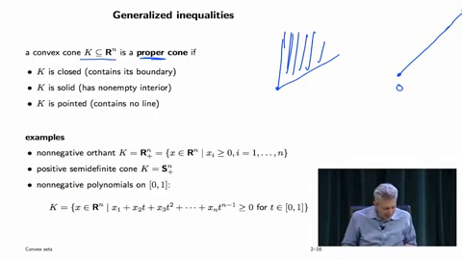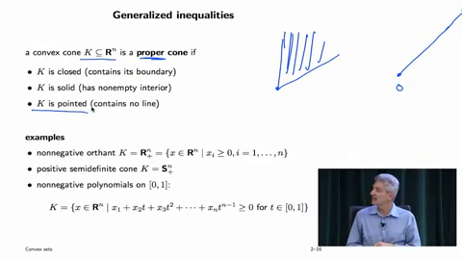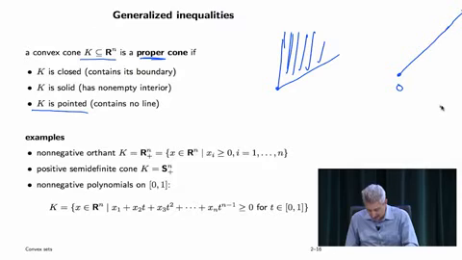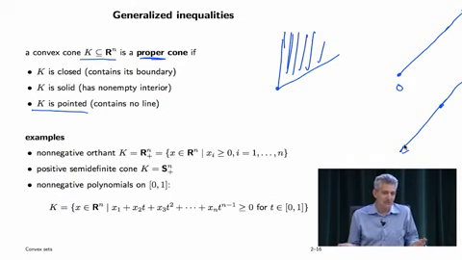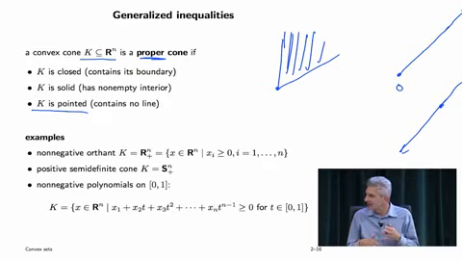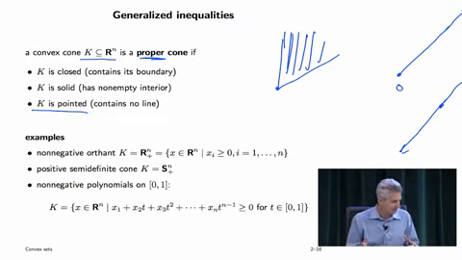Okay, and it's pointed. Pointed says it doesn't contain a line, right? So for example, a line is a cone, right? Technically it's a cone, and that's just fine. But there's something about it, because the whole idea of a cone for us is supposed to evoke the idea of something that's asymmetric, that it goes one way, but not the other, right?